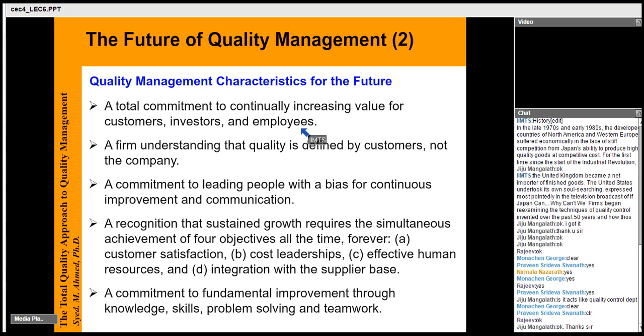So these are all the quality management characteristics for the future.